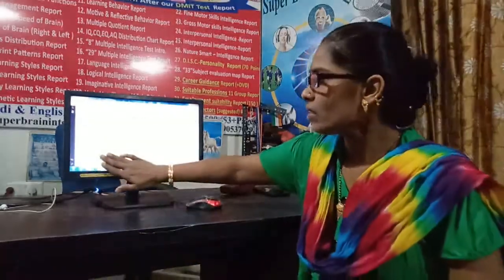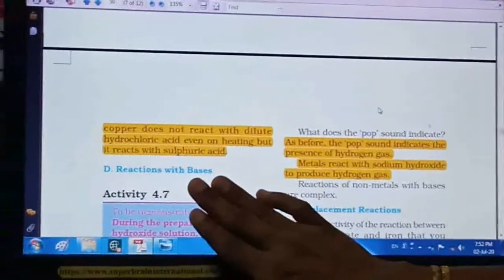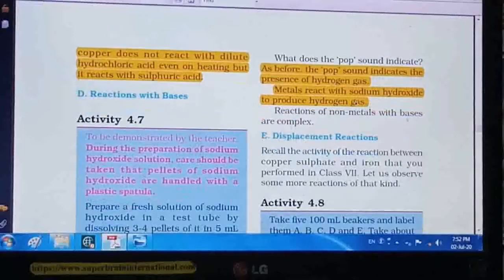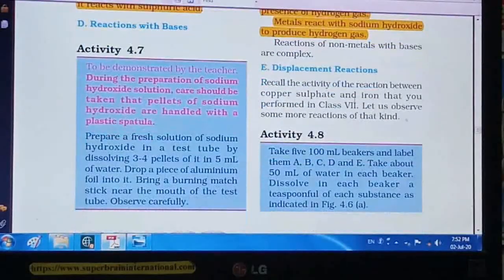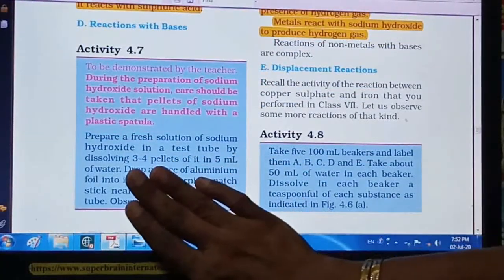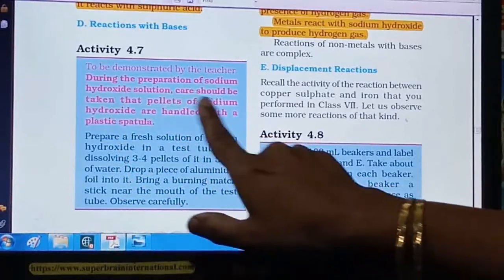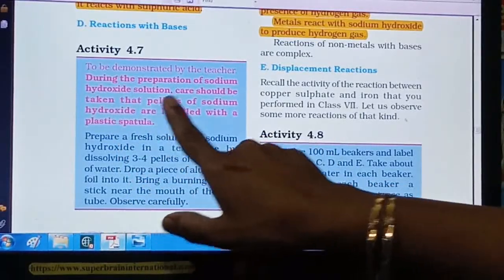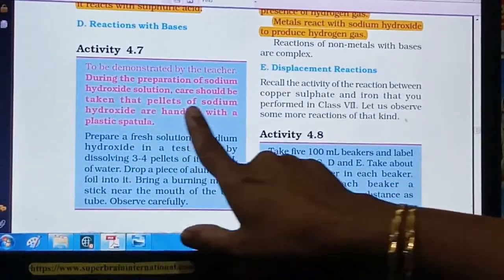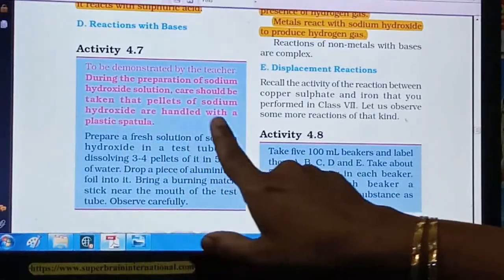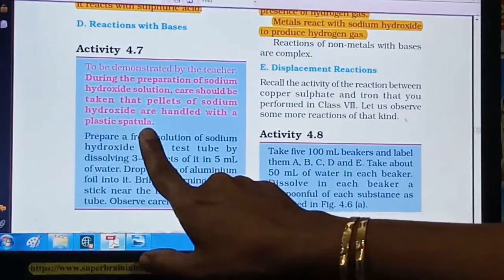Now see the reaction of the metals and non-metals with the base. See here, the D point is there, reaction with bases. So how do metals and non-metals react with a base? See, an activity is given. During the preparation of the sodium hydroxide solution, care should be taken that pellets of sodium hydroxide are handled with a plastic spatula.